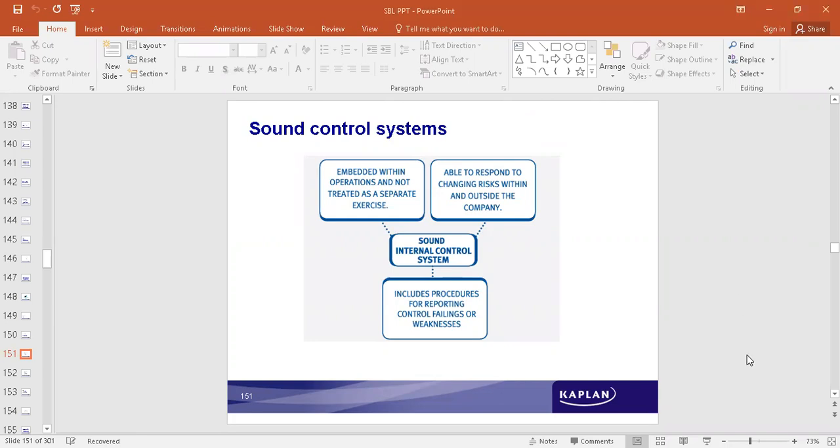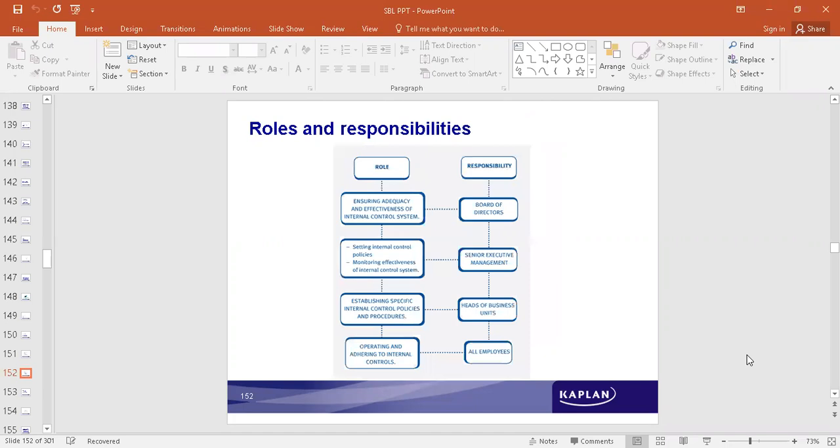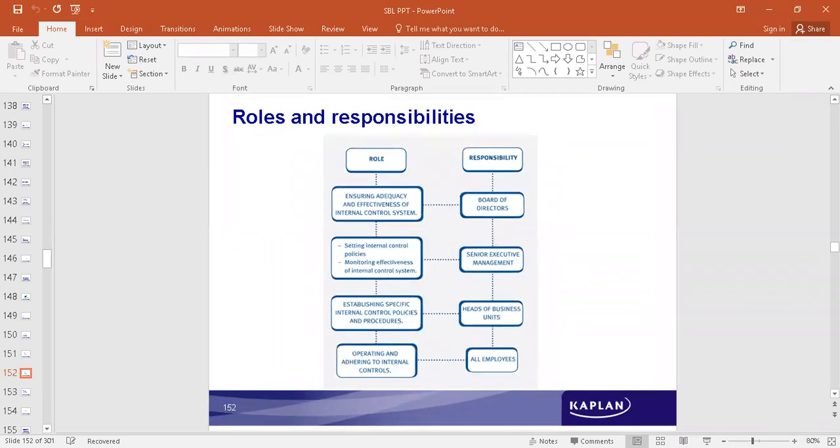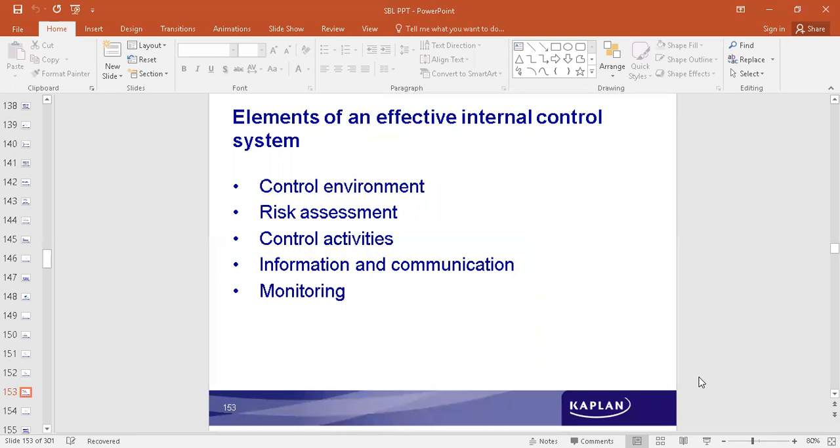The roles and responsibilities of different people in the organization, we also looked into that. What is the role of board of directors, senior executive management, heads, and all employees? There are five components in the internal control system. The framework given by COSO has five components: the internal environment, the risk assessment, control activities, information and communication, and monitoring.